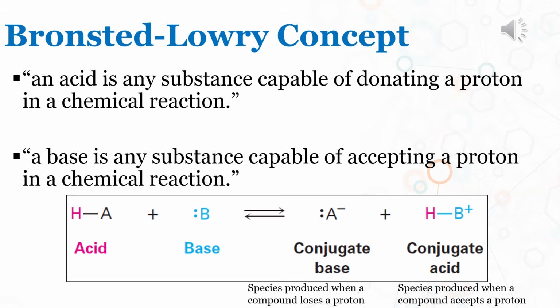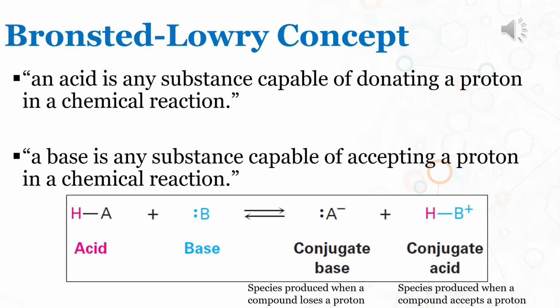Your products are A negative, the conjugate base, plus the conjugate acid, wherein B is bonded with H. If you look at the sample, in the Bronsted-Lowry acid, H bonded with A on the left side, the proton is the letter H. So the Bronsted-Lowry acid on the left side is a donor.